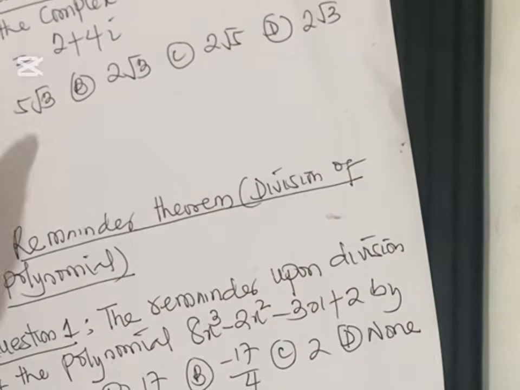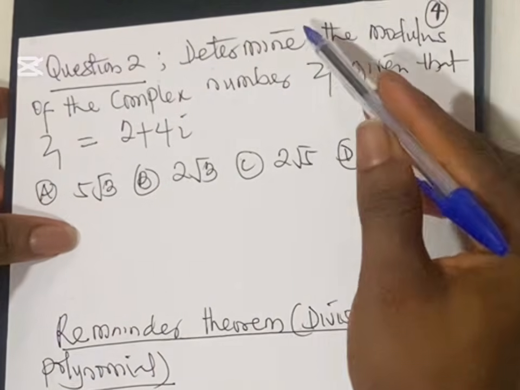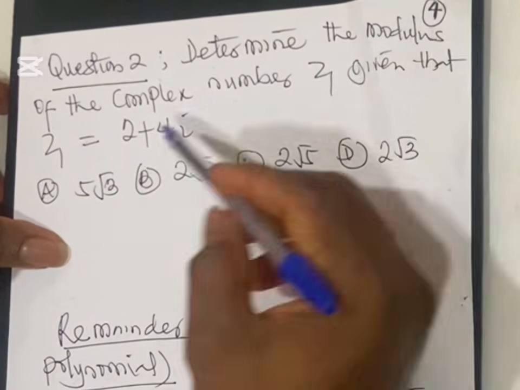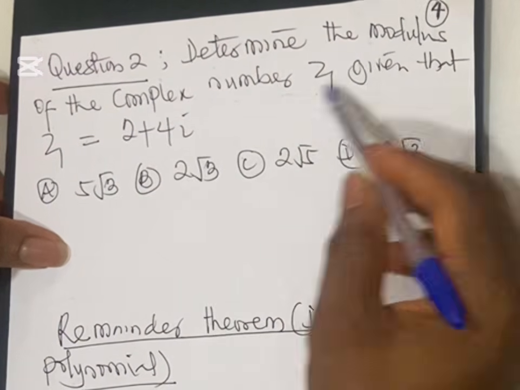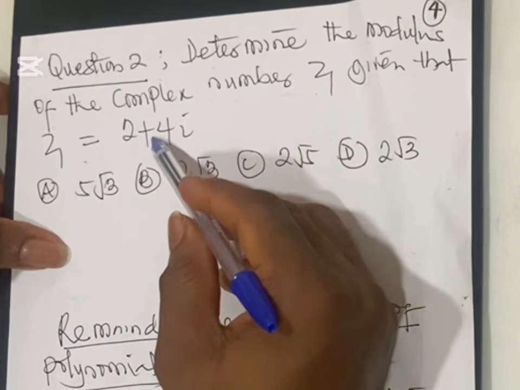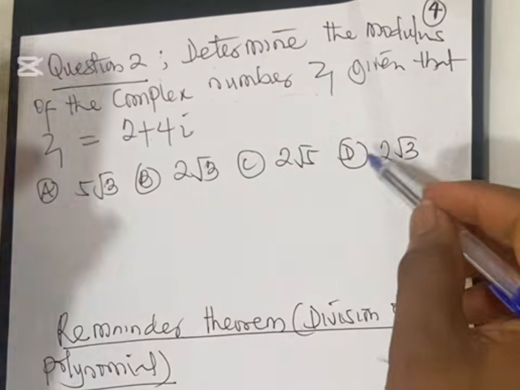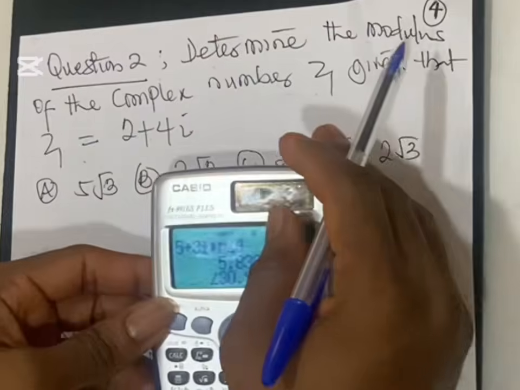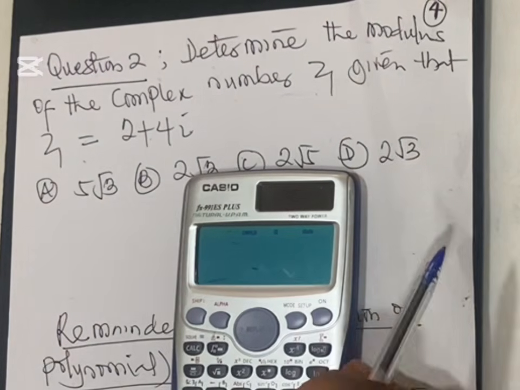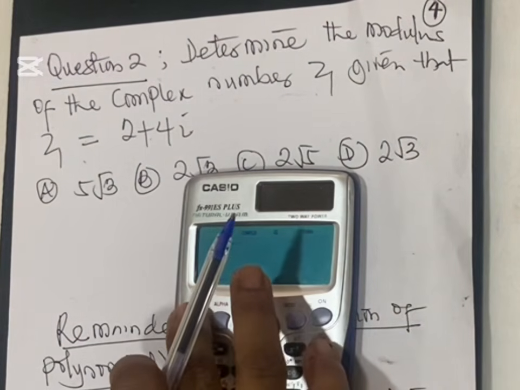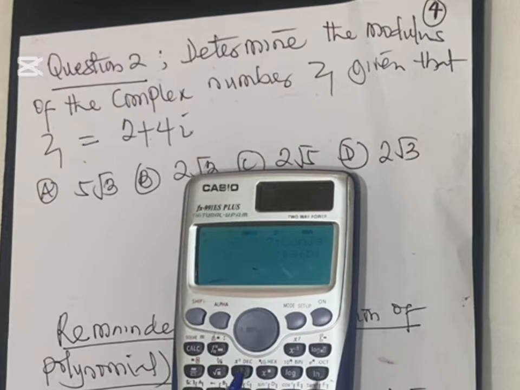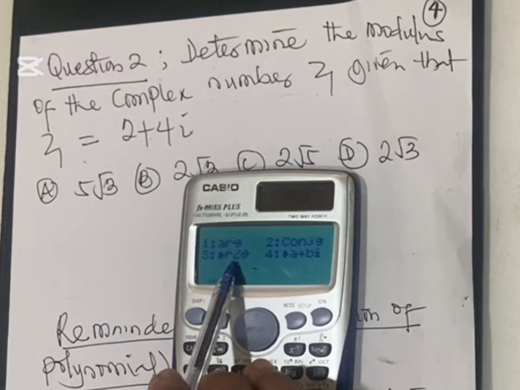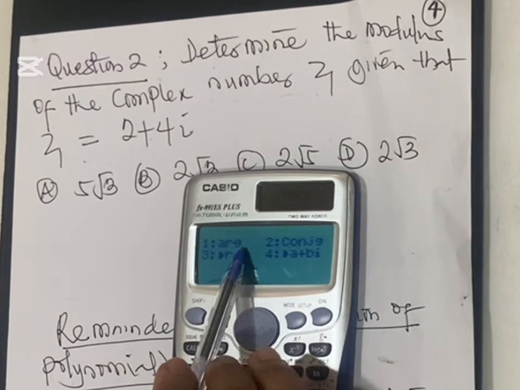They said, question 2. We are asked to determine the modulus of the complex number z1, given that z1 is equal to 2 plus 4i. So in this question it is modulus. So class, we have to go the same way. Remember, to get modulus here, you press shift, you press complex, you will see this symbol here. This one is only for argument.